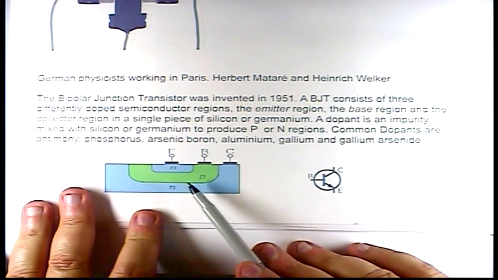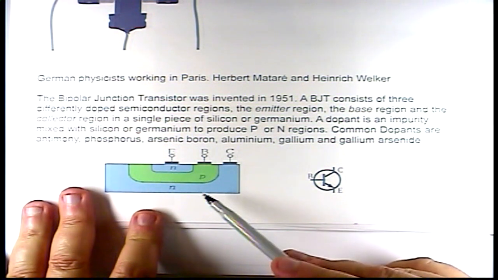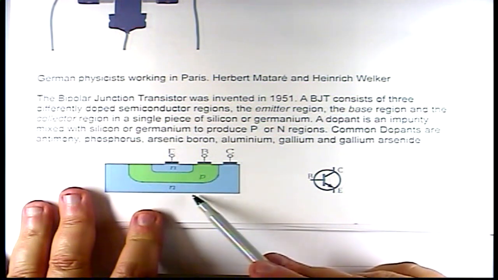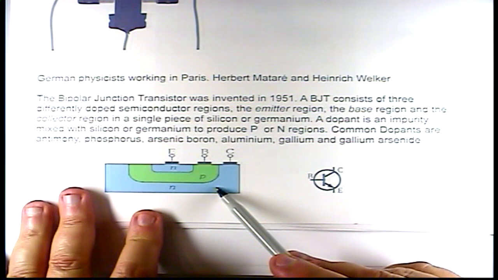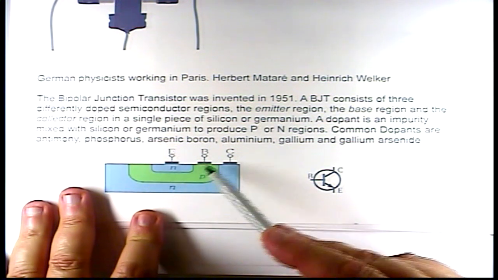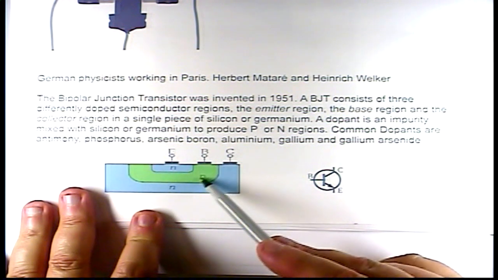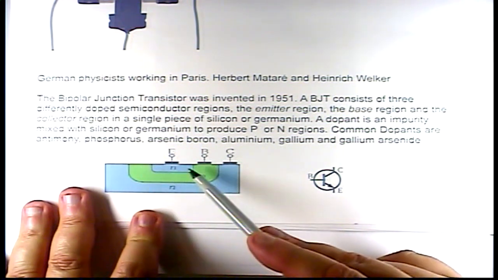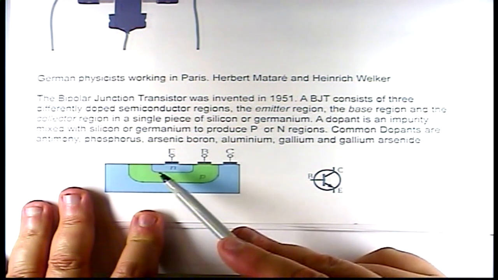Here's a picture of a bipolar junction conceptual drawing. It's one block of silicon, and what they do is they've doped the whole thing with an N-type material. So they put a dopant to make it all N, and then they put another dopant on the top here that made a P region right here in the middle, and then they put another dopant right here that made this little N region.